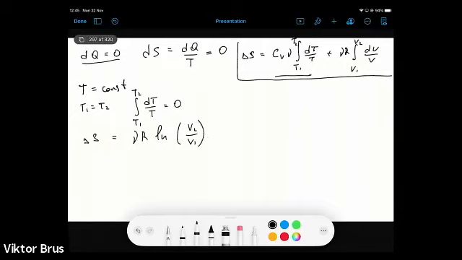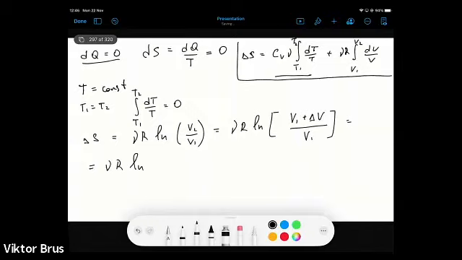It can also be written in another form, sometimes convenient: nu times R times natural logarithm of V1 plus delta V divided by V1, and eventually we get nu times R natural logarithm of unity plus delta V divided by V1.